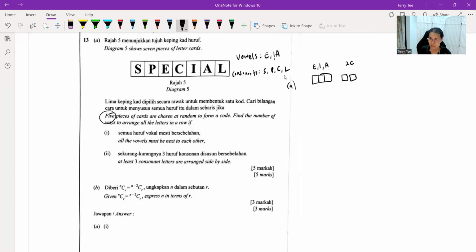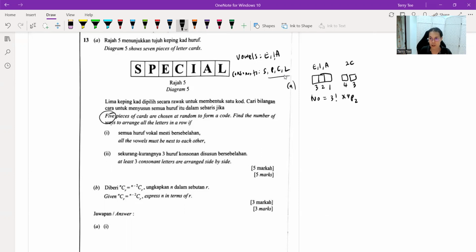For the vowels, we arrange all 3: 3, 2, 1, or 3 factorial. For the consonants, we say 4 times 3, because from 4 we arrange 2. So we can write it like this: 3 factorial times 4P2.